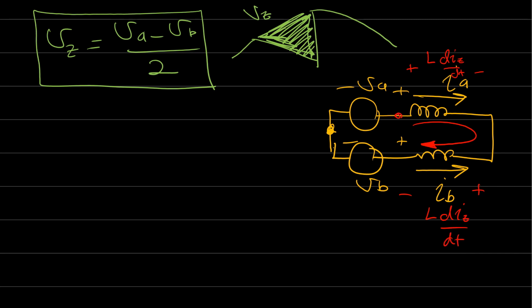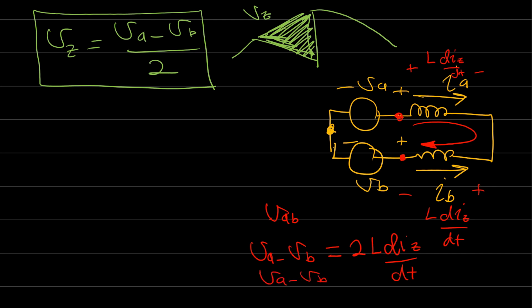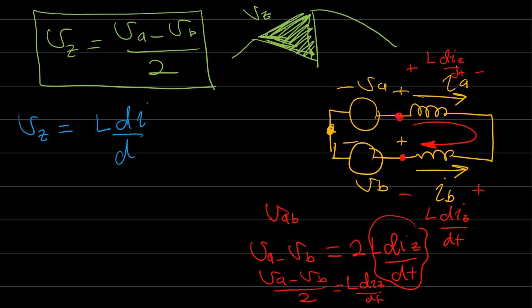And we said that VAB, which is VA minus VB, is equal to how much? To L dIz by dt. So we can easily say that VA minus VB over 2 is equal to L dI by dt. Now we can substitute this one here, so we can say that VZ is equal to L dI by dt.